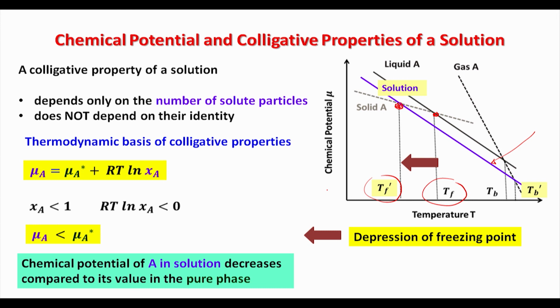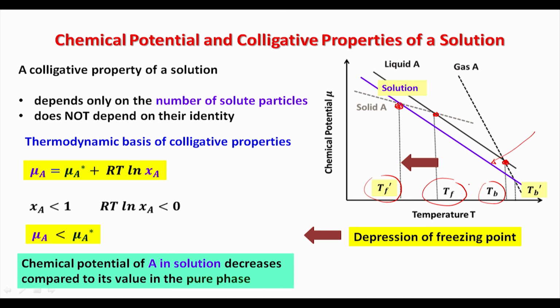As you see that in the pure solvent, A, the liquid gas coexistence temperature was located here, and therefore the boiling point of the pure liquid was this temperature Tb at 1 atmospheric pressure.